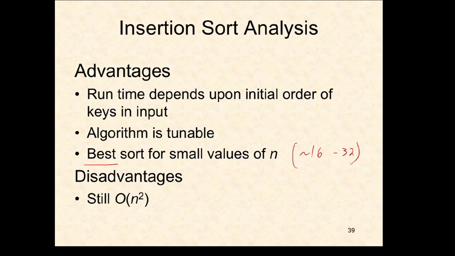Even though it's n squared in the worst case, it'll do better for a small n than a more complicated n log n sort. It's really hard to beat the adaptive insertion sort when n is small, about 16-ish. Disadvantages: it still has an upper bound of n squared in the worst case. We didn't get around that, but we've made a lot of improvements to it.